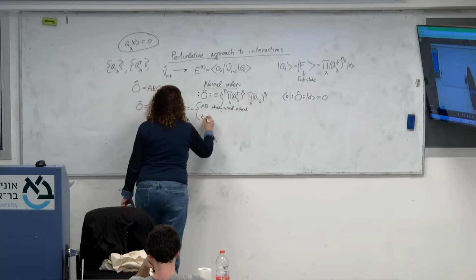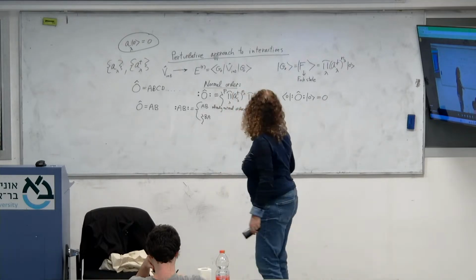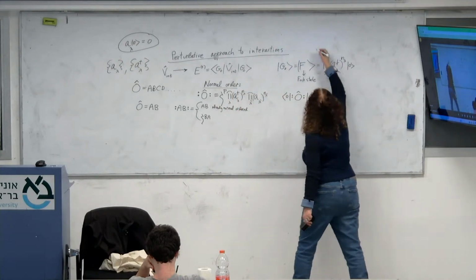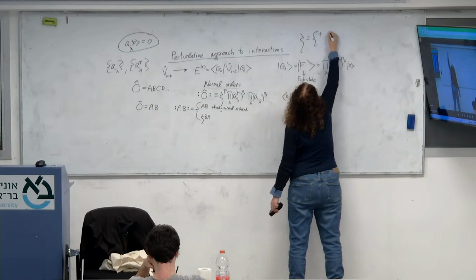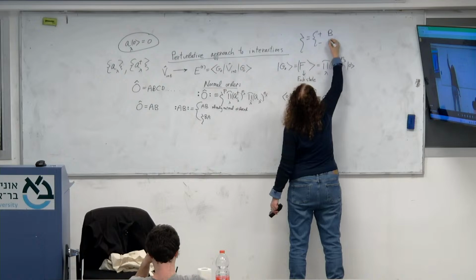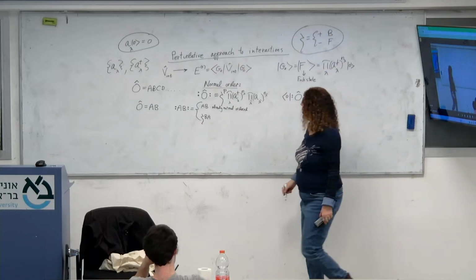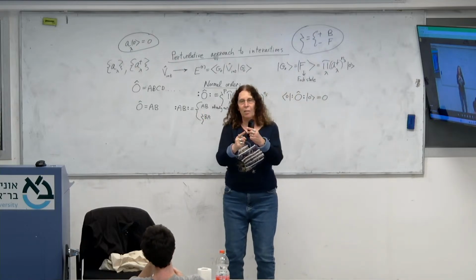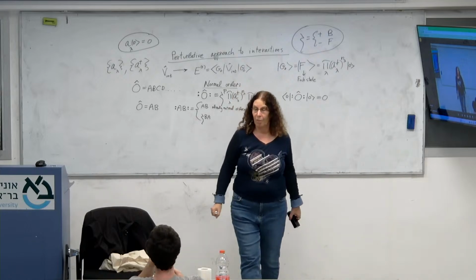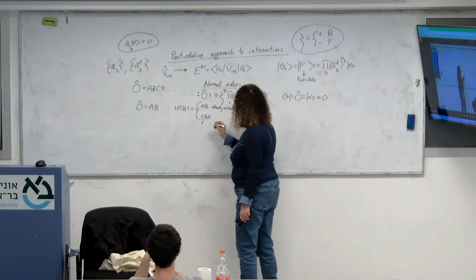It will be zeta B times A. Why zeta? Zeta is, I remind you, +1 for bosons and minus 1 for fermions. That's always our convention. So because there are only two, there's only one transposition. It gives you a plus or minus sign.